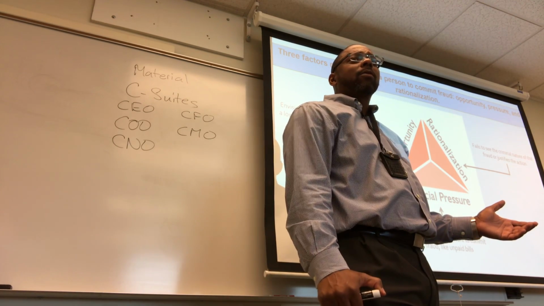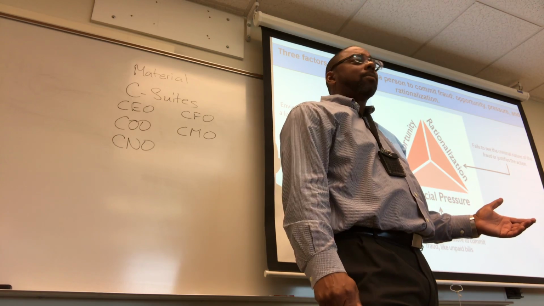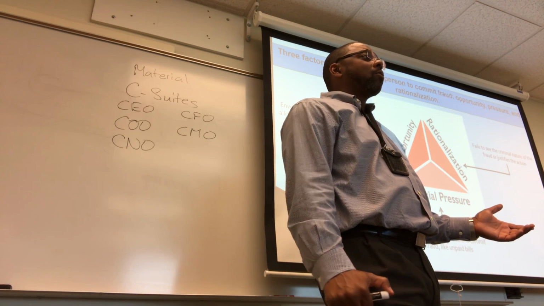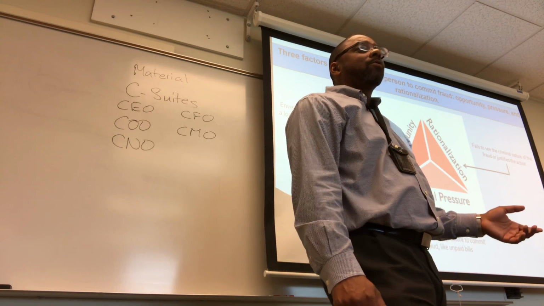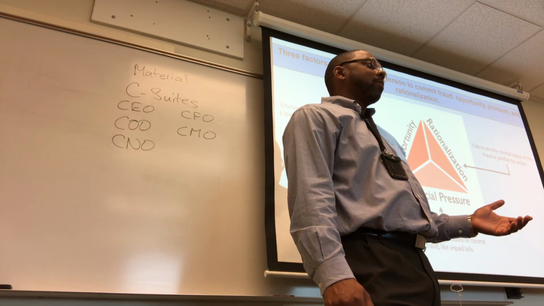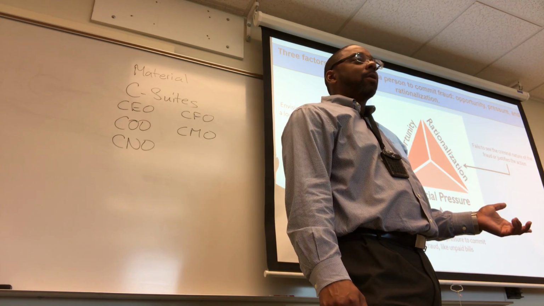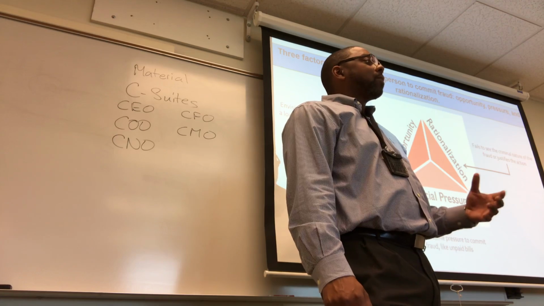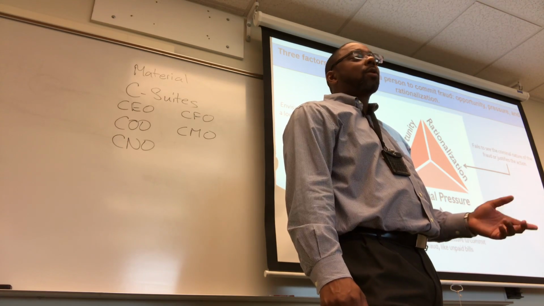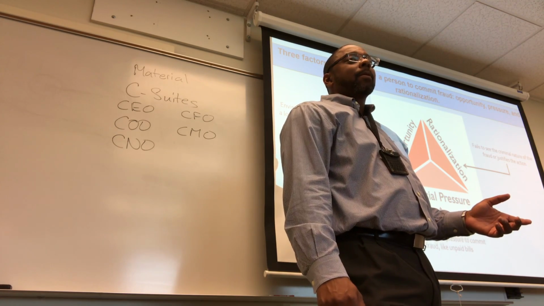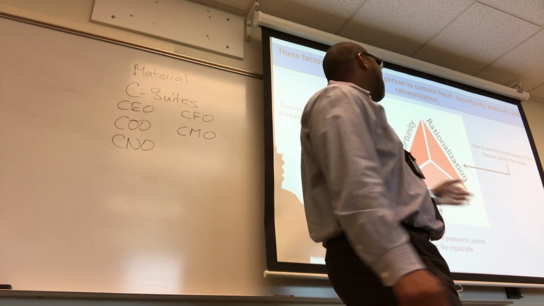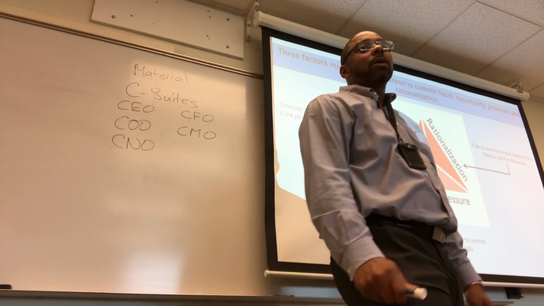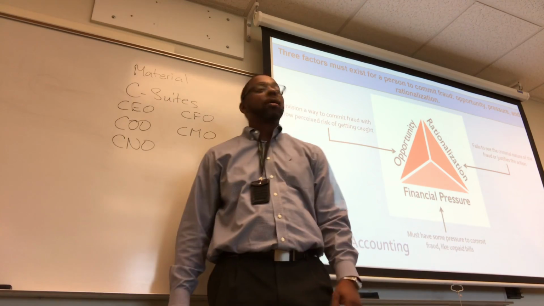Everybody know what Fort Knox is? It's a place where it used to be where all the gold was held, but now it's different things, and it's on a military base. Everybody with me? So that might be a little complicated. So first of all, you've got to have the opportunity in which to commit a fraud.